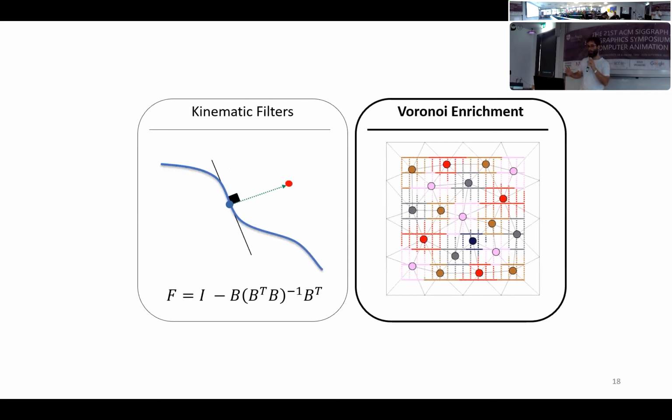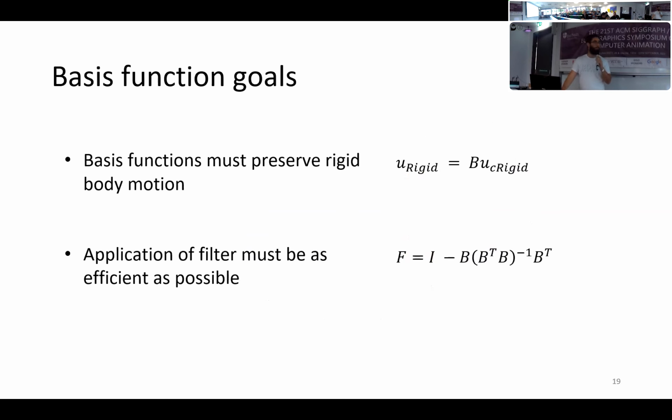Now I'm going to talk about the design goals that we have for our basis functions, which are the ones that define the filter. We have two goals. First, when we have a rigid body motion on the fine mesh, that rigid body motion must not produce deformations on the coarse mesh.